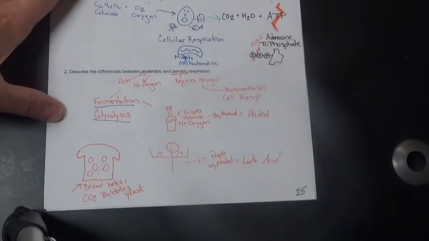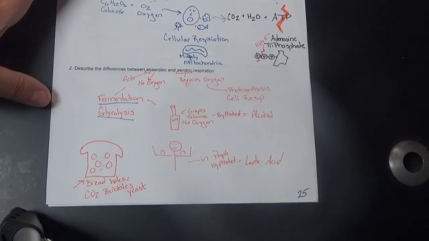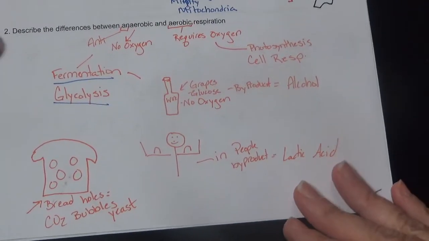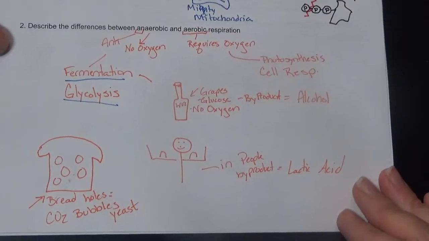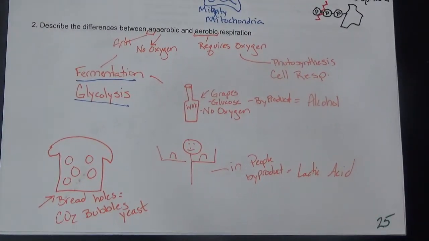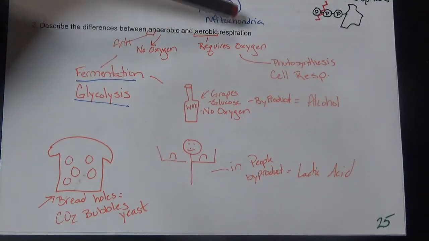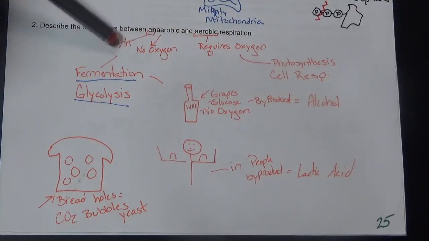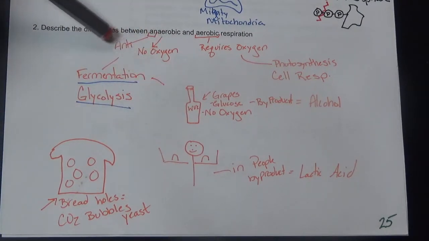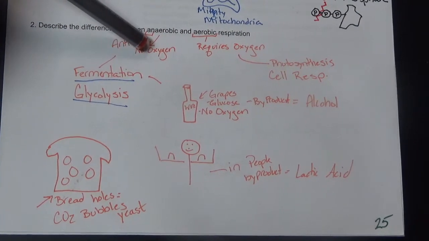The next question in the Unit 4 packet is to describe the differences between anaerobic and aerobic respiration. So this is a simple deconstruction of the vocabulary term. Anaerobic, when you put the A in front of a word, it makes it its opposite, so it's anti-oxygen.